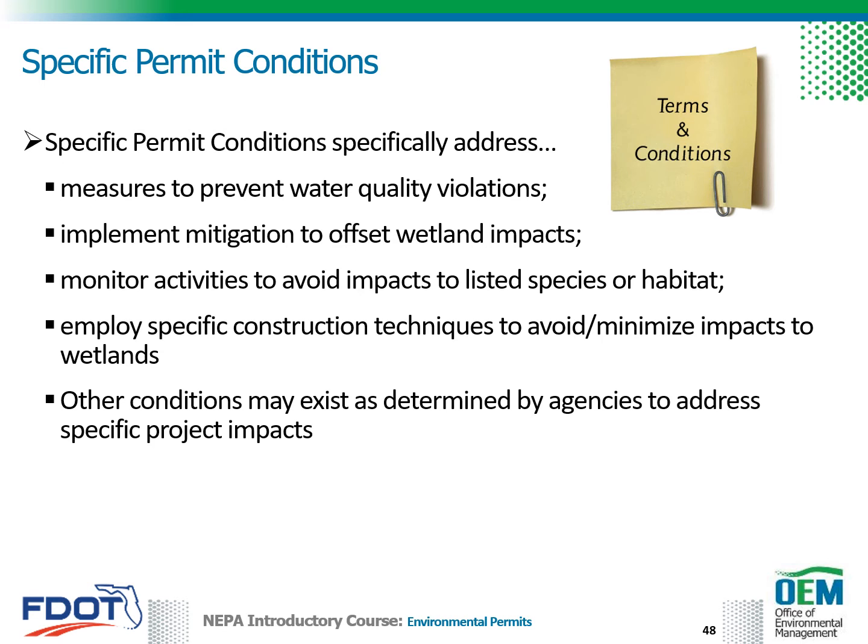Specific permit conditions address measures to prevent water quality violations, implement mitigation to offset wetland impacts, monitor activities to avoid impacts to listed species or habitat, and employ specific construction techniques to avoid or minimize impacts to wetlands. Other conditions may exist as determined by agencies to address specific project impacts.